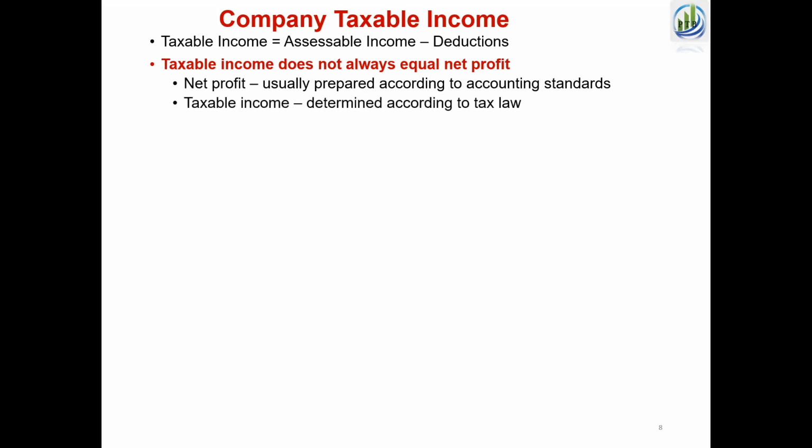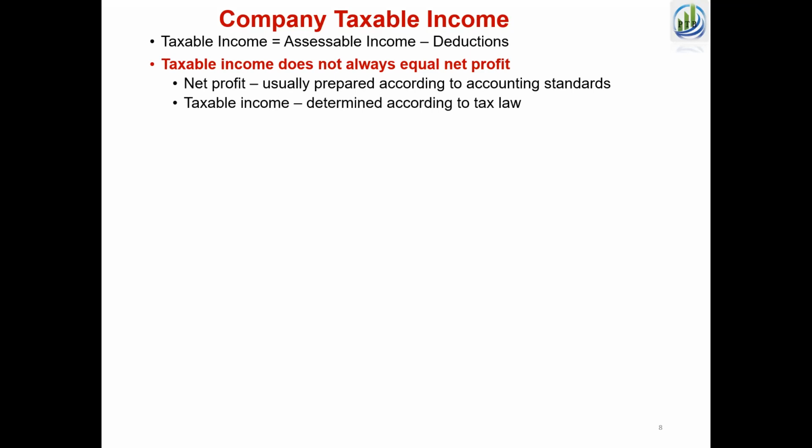How is the taxable income calculated? Based on the income tax legislation, case law and some guidelines from the tax office. So totally two different rules to calculate the net profit and taxable income. Therefore, the net profit in your profit and loss statement is not going to equal your taxable income.